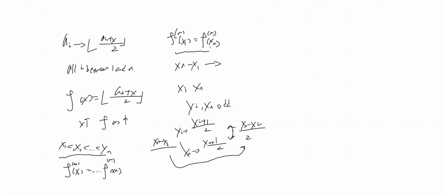So another case is that x1 and xn do not have the same parity. So let's say x1 is odd, whereas xn is even.